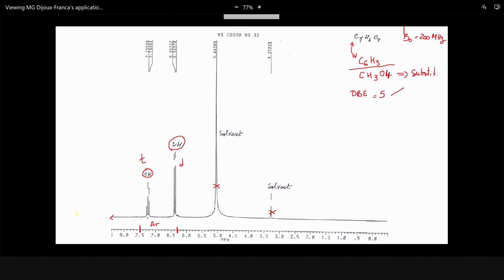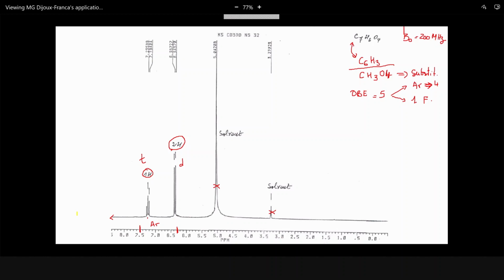And as before, we know that the aromatic ring corresponds to 4 double bond equivalent. So it is left 1 double bond for the substituent. Okay. Next step, we should calculate the coupling constant in the triplet and in the doublet.